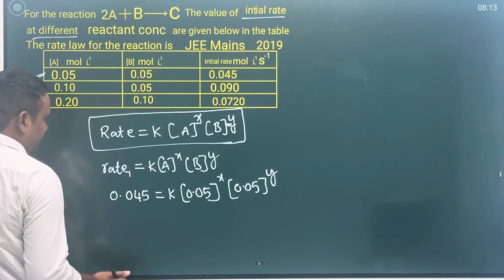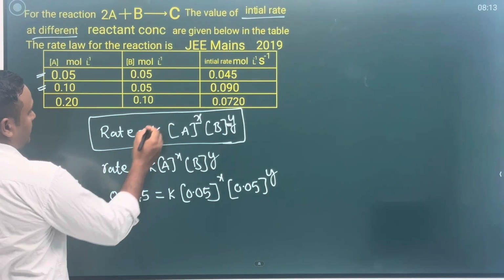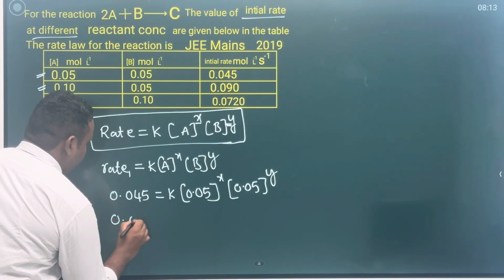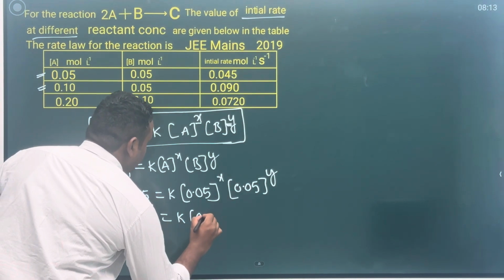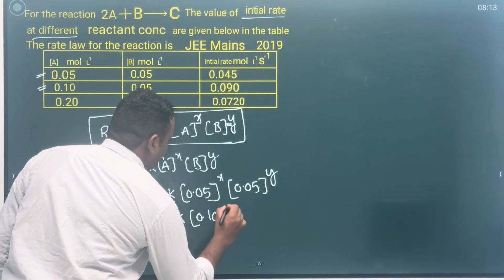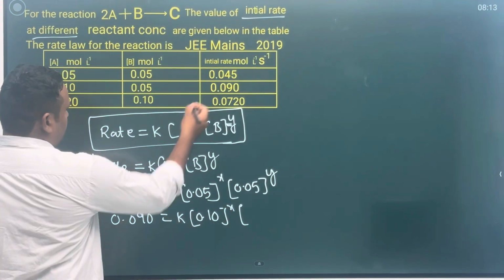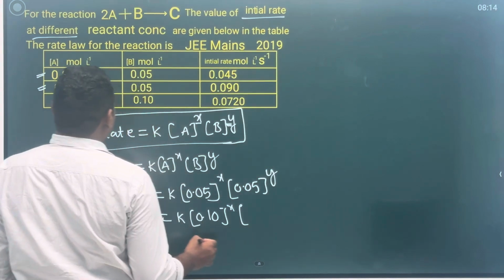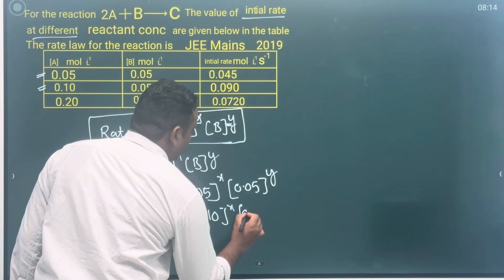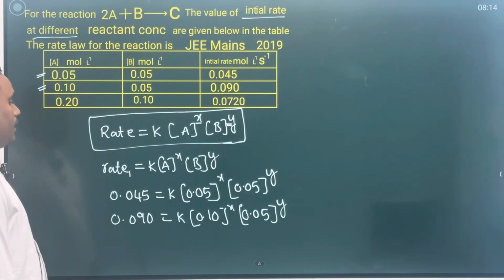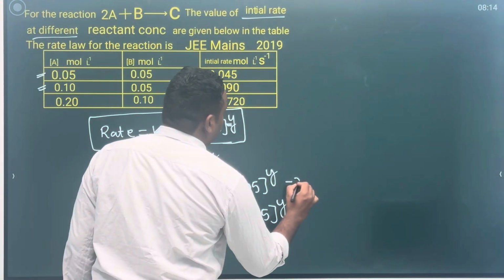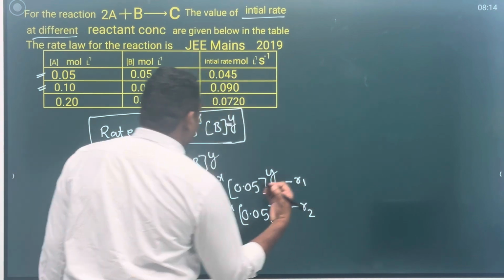Next, rate 2. What is rate 2? 0.090 is equal to k into 0.10 power x, and 0.05 whole power y. Okay, so this is rate 1 and this is rate 2.